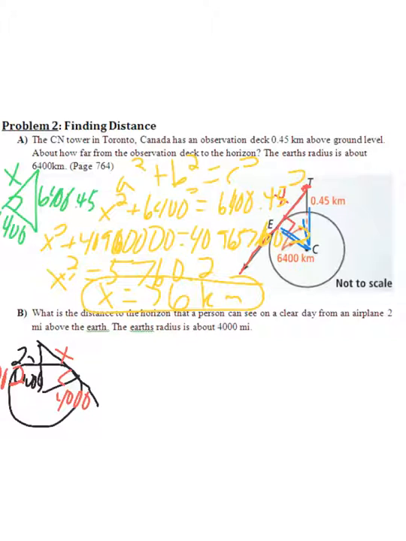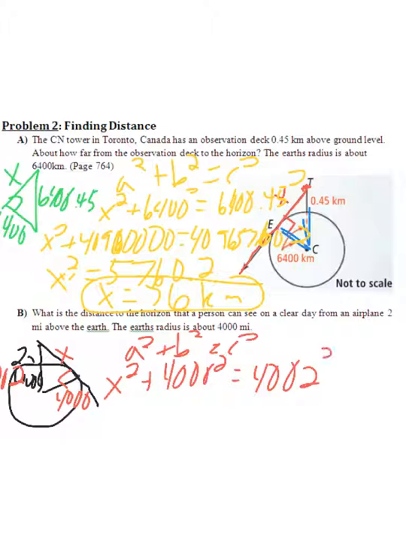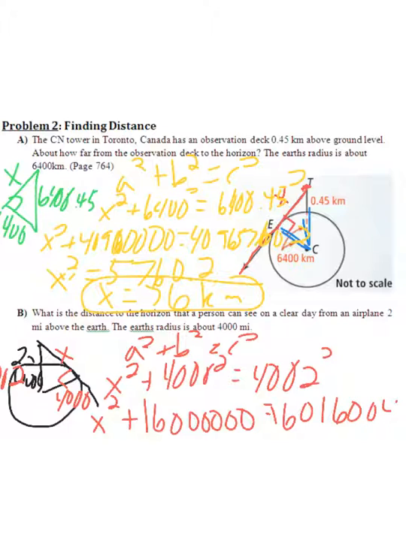Again, 90-degree angle. We're going to use a squared plus b squared equals c squared again. X squared plus 4,000 squared equals 4,002 squared. Typing these in, 4,000 squared is 16 followed by 6 zeros. 4,002 squared is 16,016,004.